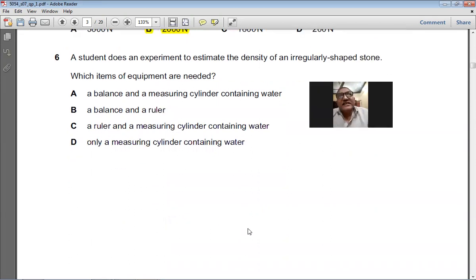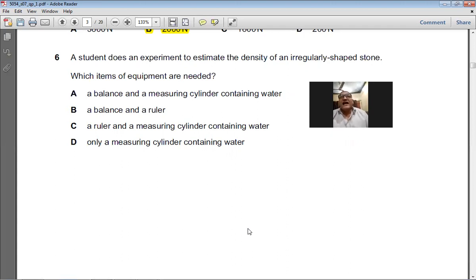A student does an experiment to estimate the density of an irregularly shaped stone. Which items of equipment are needed? So you see, we want to find out the density of an irregularly shaped stone. So basically, to find out the density, you need two things. One is we need to find out the mass.